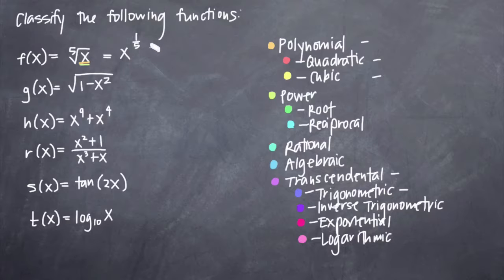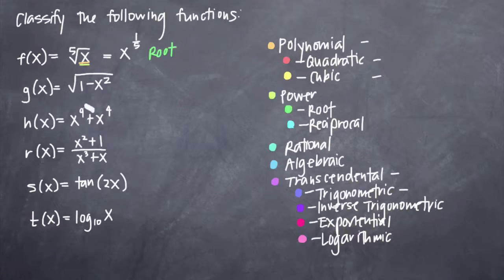But if we don't have to, we don't want to stop at calling this a power function if we can call it a root function, which would be a more specific description. In fact, because our exponent is 1 over a constant, 1 over 5, we can call this a root function.